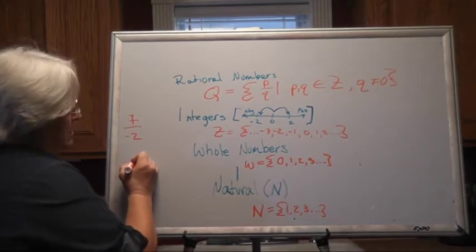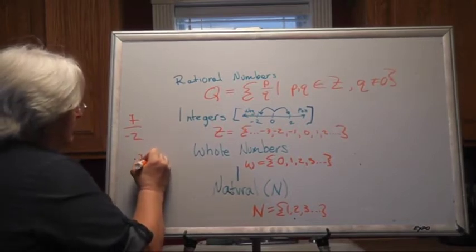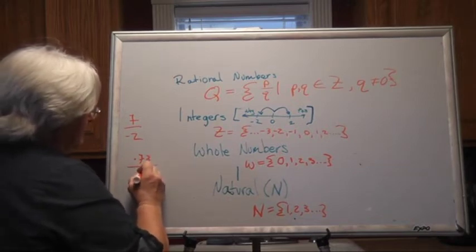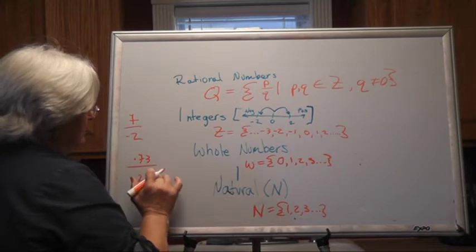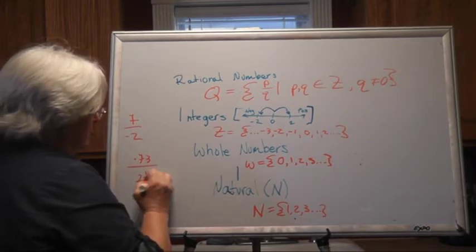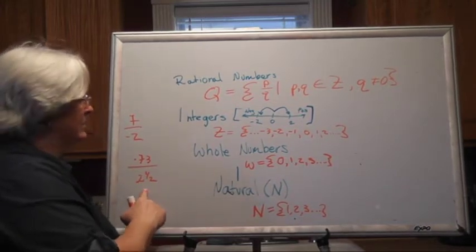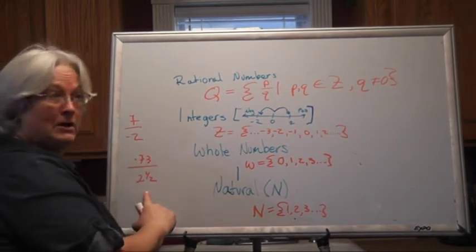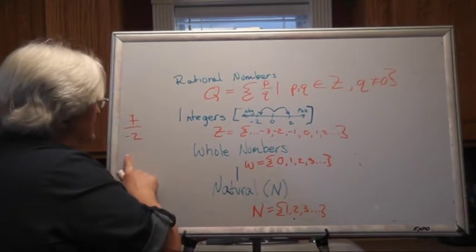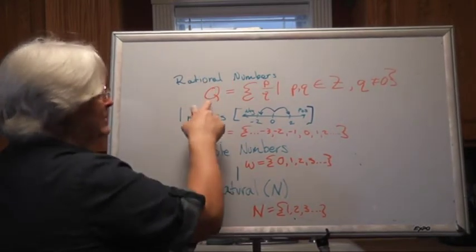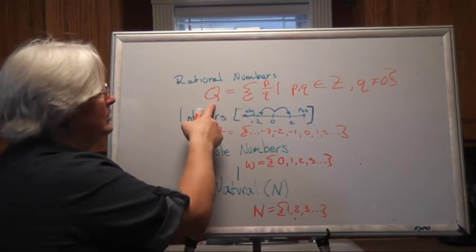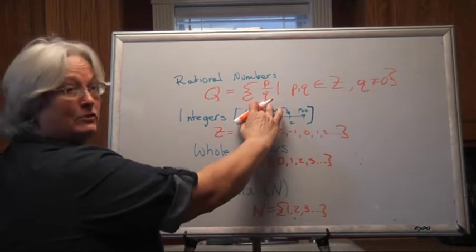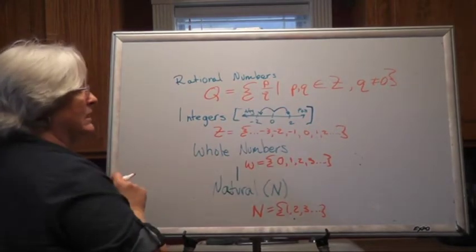However, 0.73 divided by 2.5 is not a rational number because the numerator isn't an integer and the denominator is not an integer. So that's all this is saying. Rational numbers are defined by the set Q. You have to be able to write them in rational form.